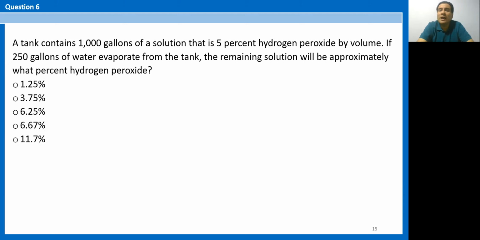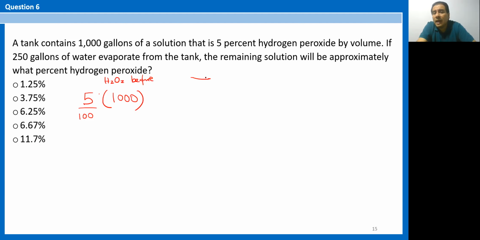So how much hydrogen peroxide is there before the evaporation? It's 5% multiplied by 1,000 gallons. That is the peroxide H2O2 before.